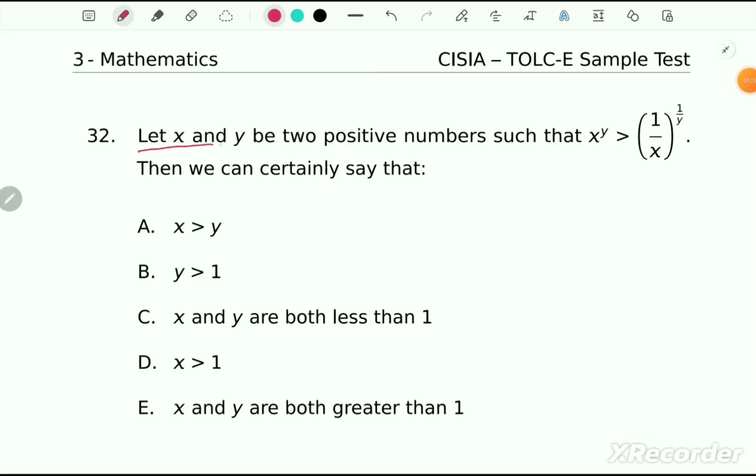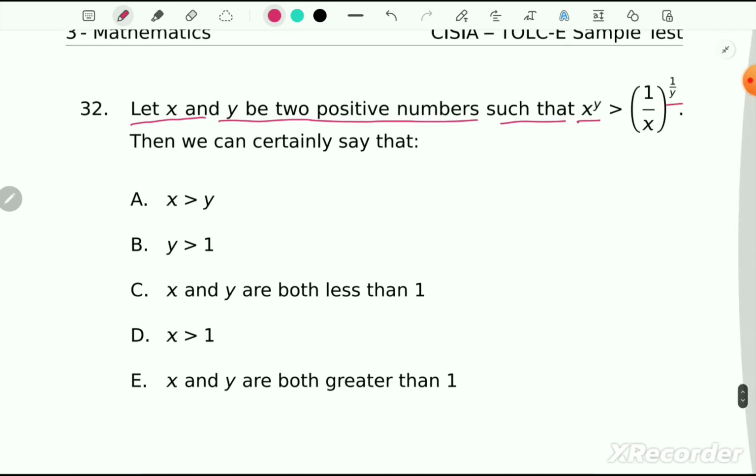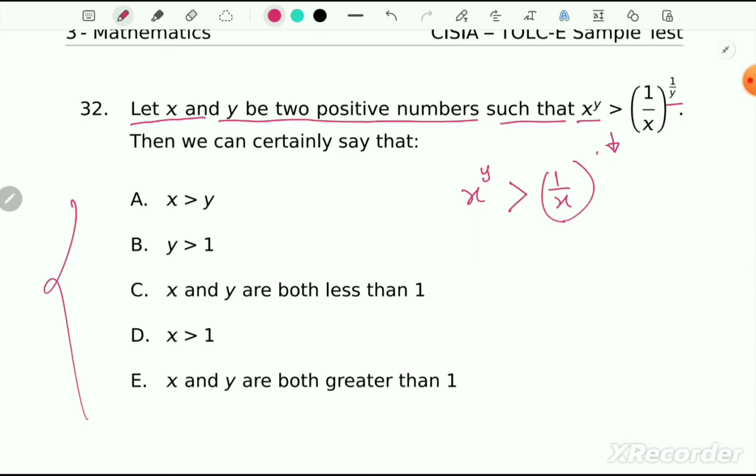Let x and y be two positive numbers such that x power y is greater than 1 by x whole power 1 by y. Then we can certainly say that, okay, we have to find out the correct answer. So this is certainly an inequality. So we can write x power y greater than 1 by x, 1 by y is the power.